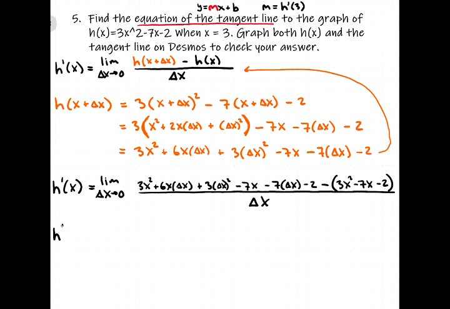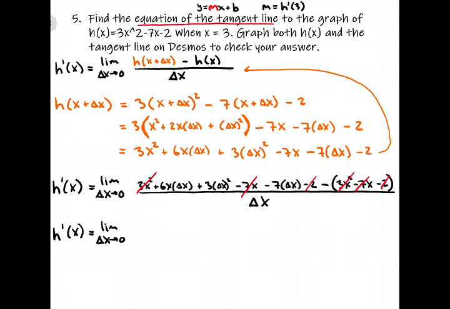Okay, so we could simplify. There's definitely some canceling that we could do here. Limit as delta x goes to 0. So we've got, well, there's a 3x squared and a minus 3x squared. We have a minus 7x and a minus 7x, so that's a plus 7x. We have a minus 2 and a minus 2, so that's a plus 2.